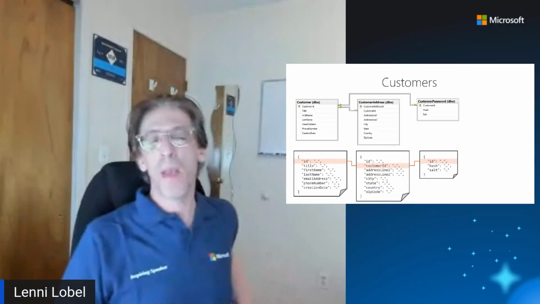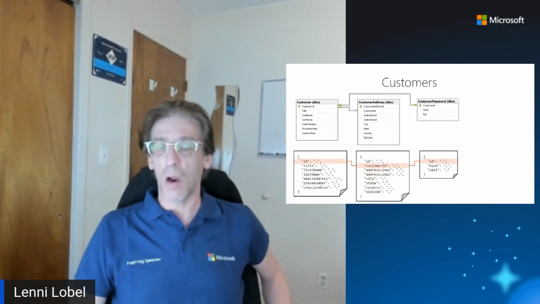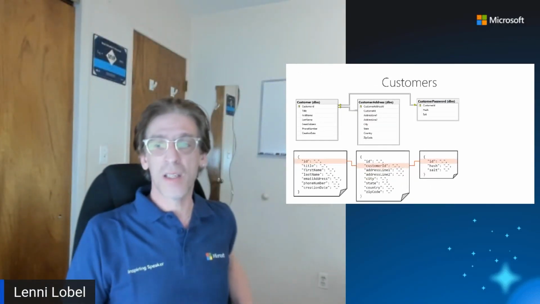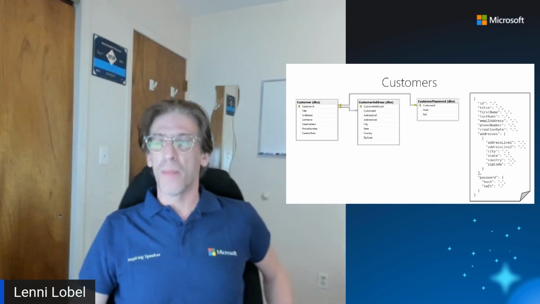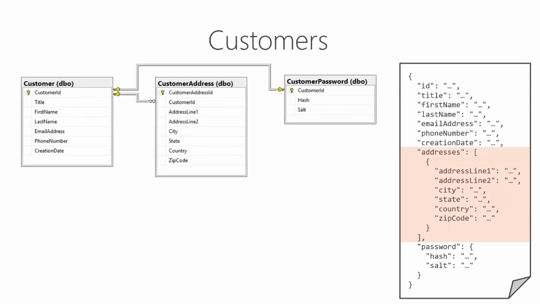And so it begs the question, would it be better, perhaps, since we are working with JSON, and JSON is a semi-structured document format, we could embed our addresses as an array, as I've done here. I only have space to show one address, but those square brackets mean I could have any number of addresses. Well, let's say a reasonable number of addresses, as we'll get to in a moment. And the password itself is embedded as an object using a curly brace.